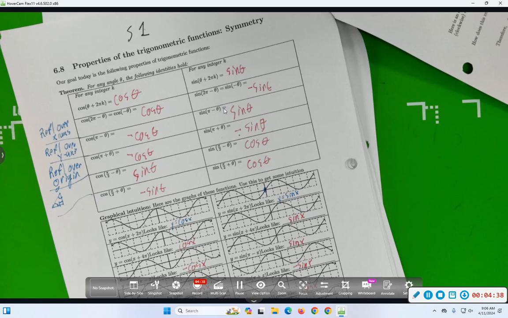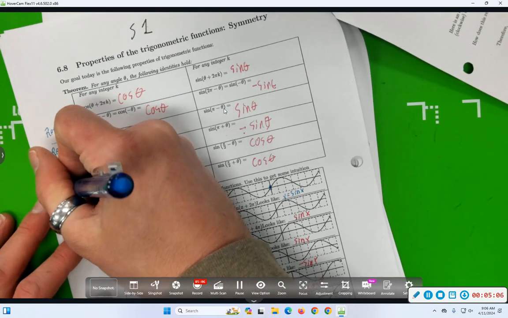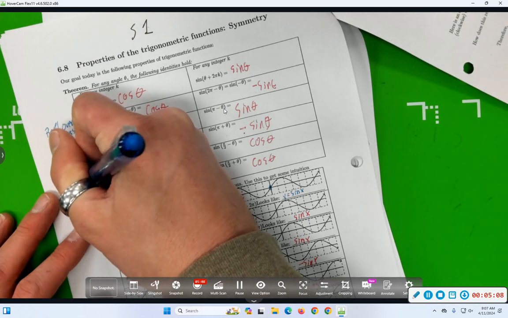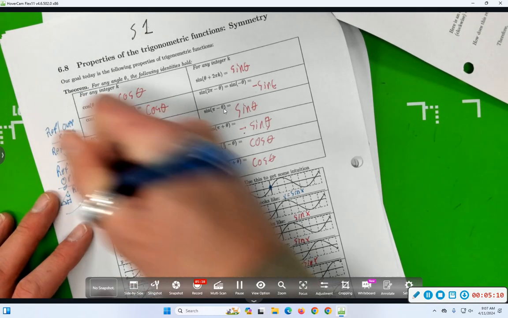So the x value, the cosine, becomes the y value, and the y value becomes the x value. Is that a symmetry that we've seen in the past? X and y values swap. What does that make you think of? Inverse functions? Yeah, definitely related. And the symmetry that gave us that was a reflection over the line y equals x. So we can describe this in terms of symmetries as well. Reflect over y equals x.